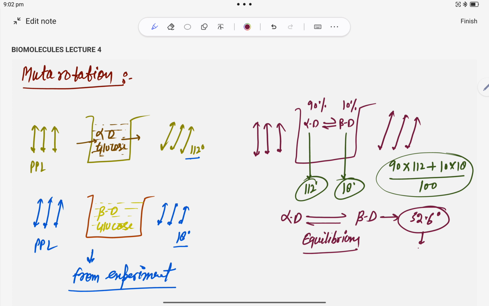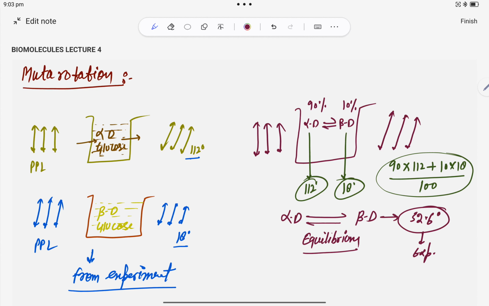That is also experimental data. So what is mutarotation? Here the angle is 52.6, this is the explanation.